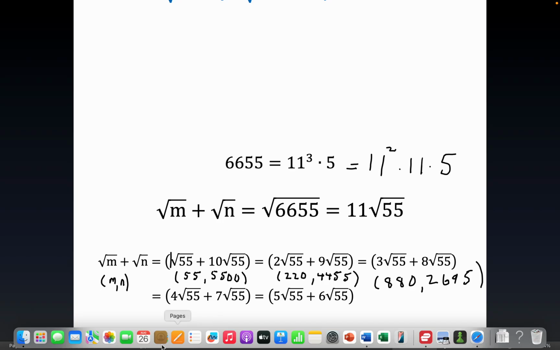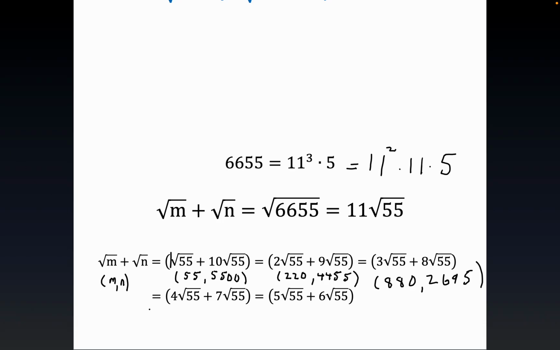And then the next one, I may have got these out of order, folks. I'll just write the correct one. Yeah, I got these out of order. This one right here would be 880, 2695, and I'll write 490, and I got it backwards, folks. Just remember that. I'm not going to take the time to erase it. 495, 3520.